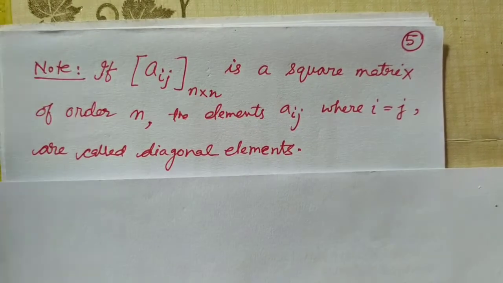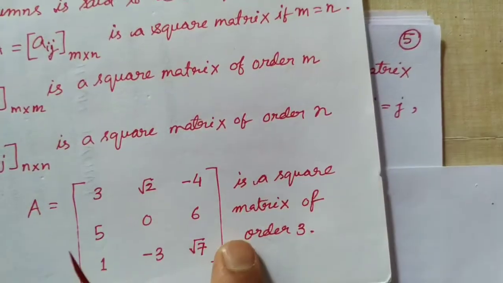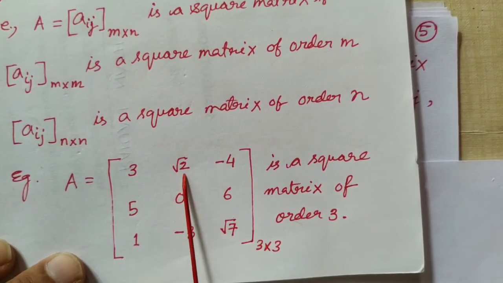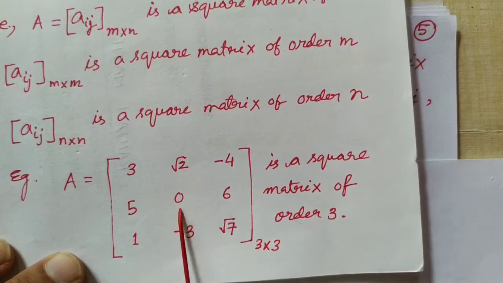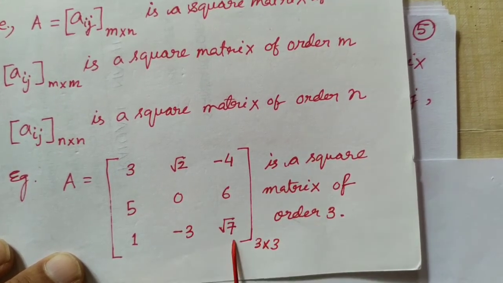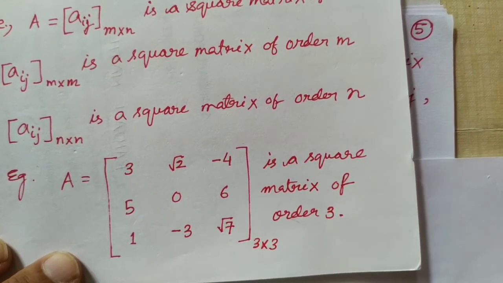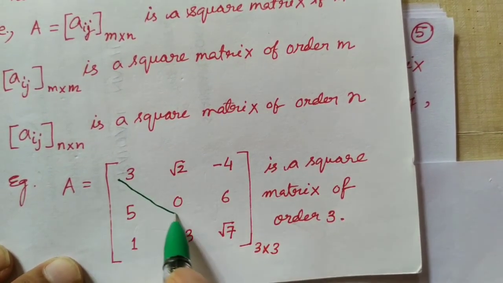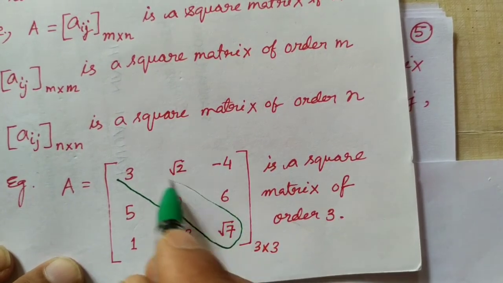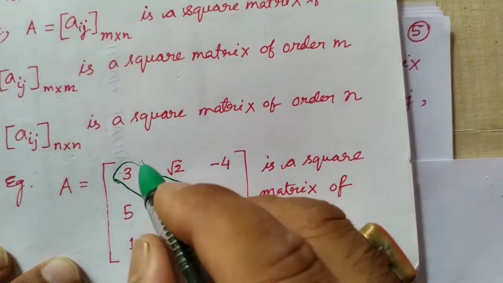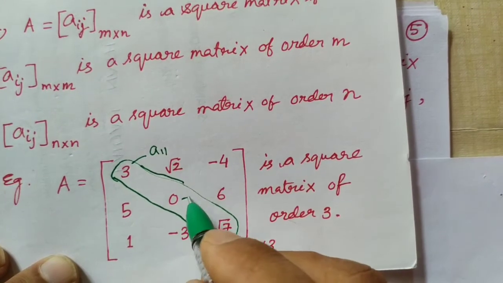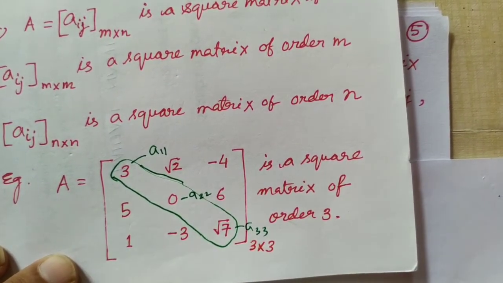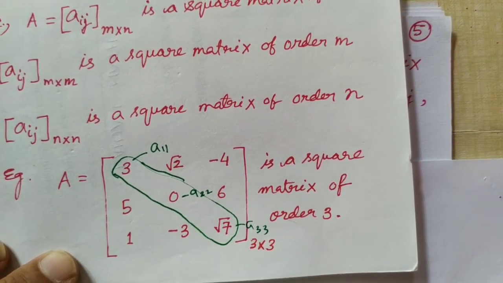For example, in the square matrix that we saw, the elements are a11, a12, a13, a21, a22, a23, a31, a32, a33. In this set of elements, the first element is a11, second is a22, third is a33. These elements are known as the diagonal elements of a square matrix.